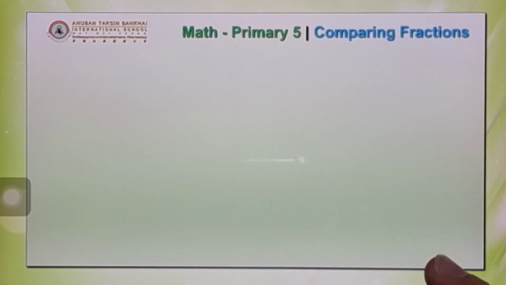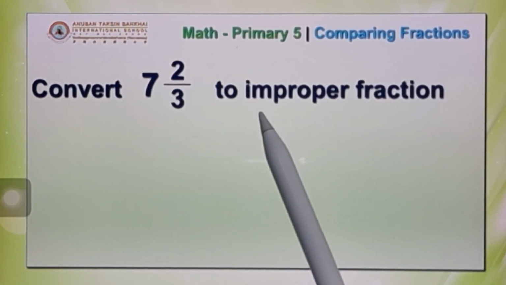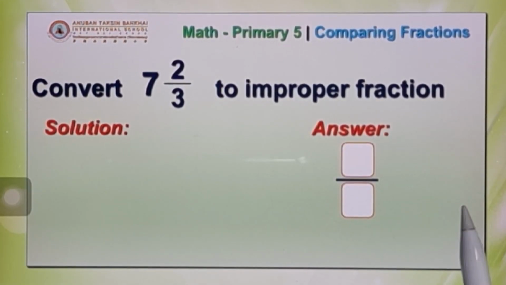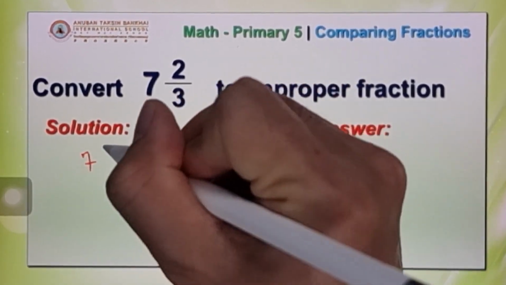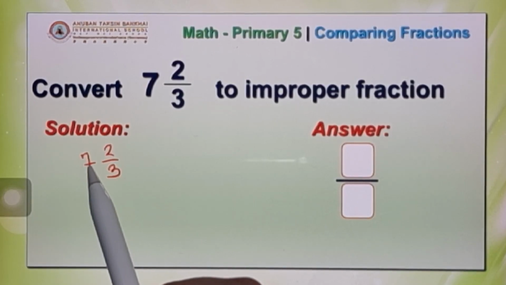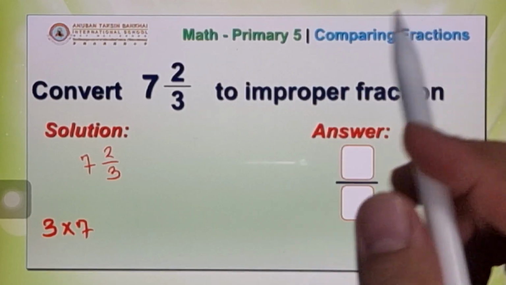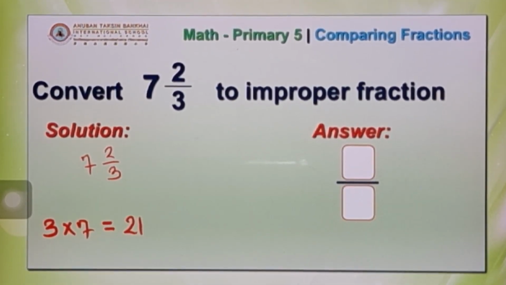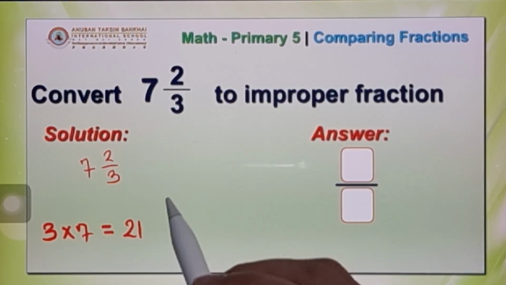Now, another example. Let's say we have 7 and 2 over 3. Let's change it to improper fraction. So how are we going to write that? Still very simple. We have 7 and 2 over 3. We'll just multiply 3 times 7, or you can write 7 times 3, up to you. So we have 21. And then let's add here our numerator, which is 2.